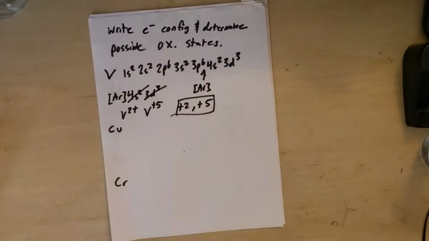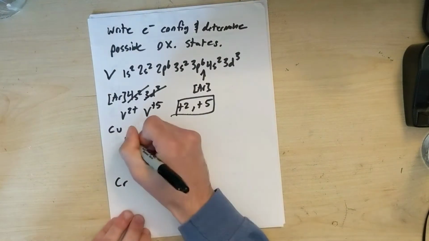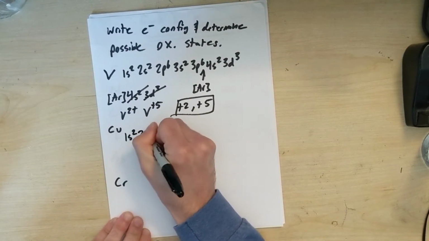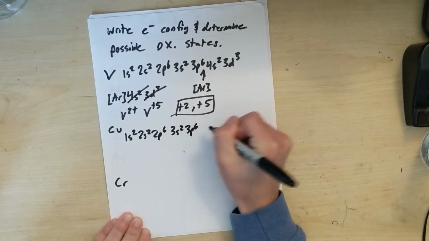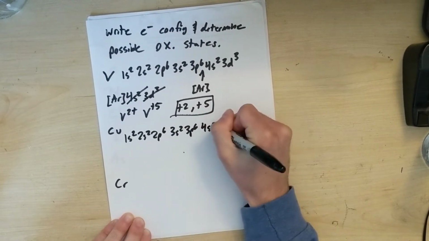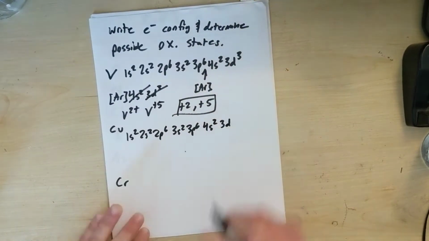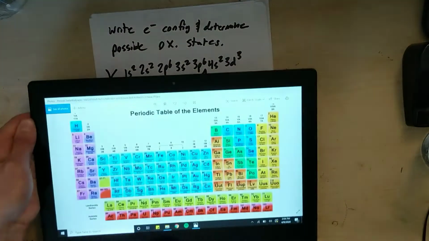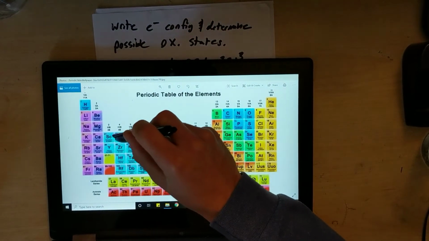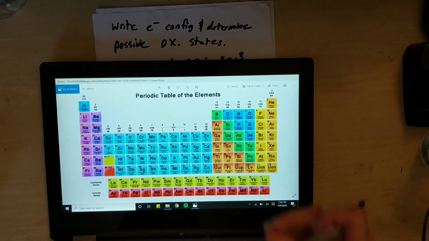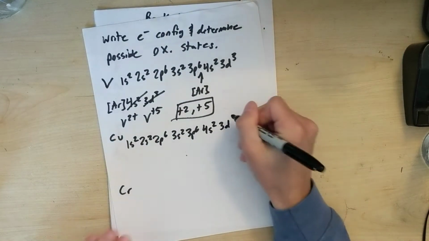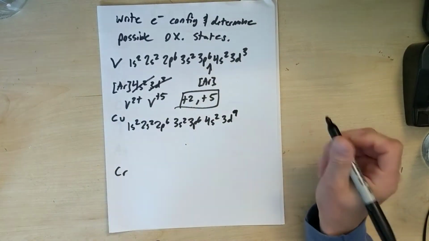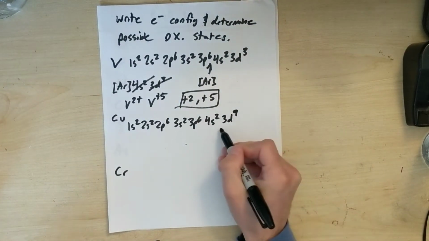All right, so it is, again, 1s2, 2s2, 2p6, 3s2, 3p6, 4s2. Now 3d, 1, 2, 3, 4, 5, 6, 7, 8, 9. 3d9. Now the thing about the d orbital is that it actually does not normally stably exist in this form.